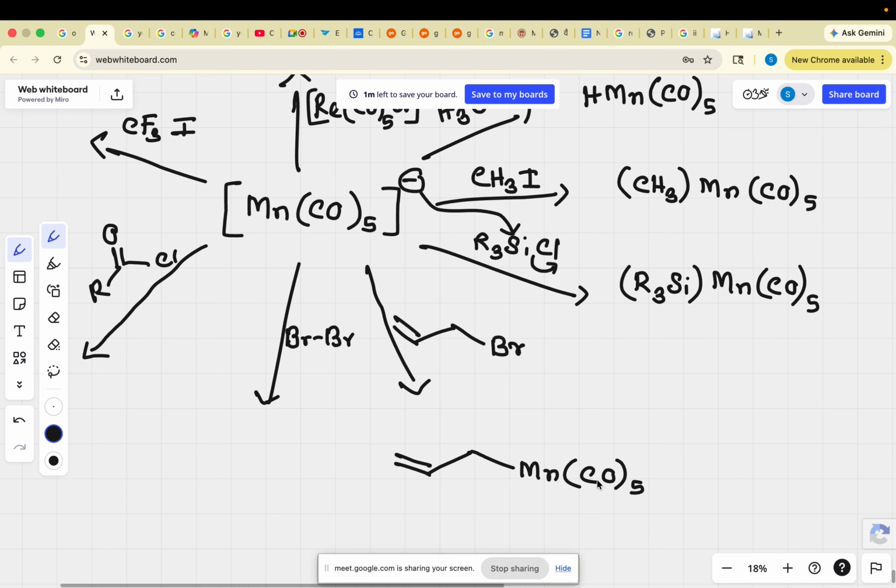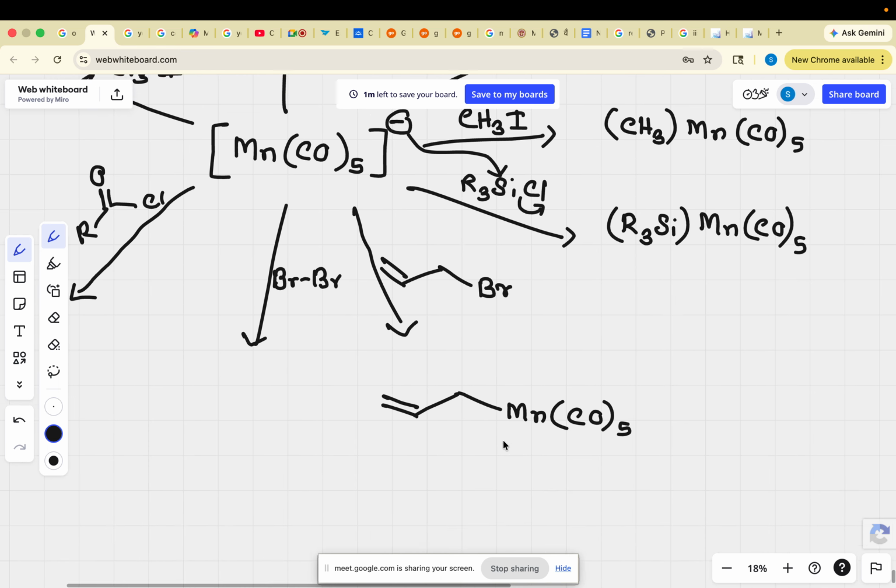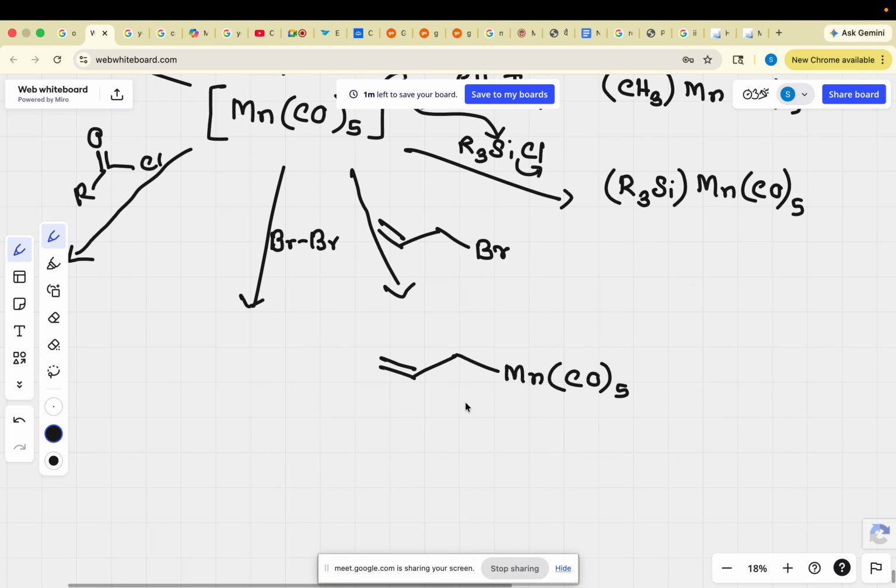But if you see this manganese CO whole 5 negative charge, how many electrons does it have? 18 electrons. So initially you will get this, where it is eta 1, but it will undergo further reactions.